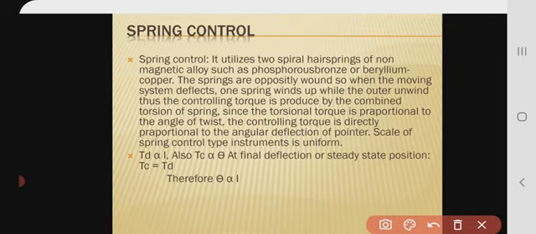In an instrument where the deflecting torque is uniform, spring control provides a uniform scale over the whole range.